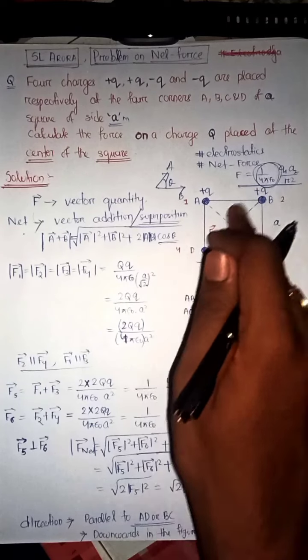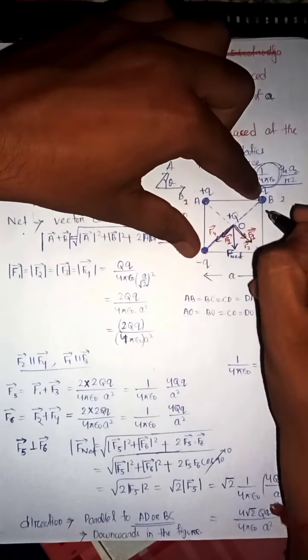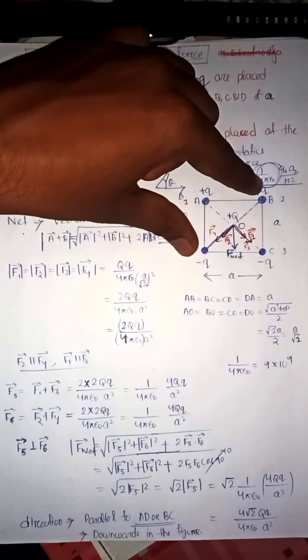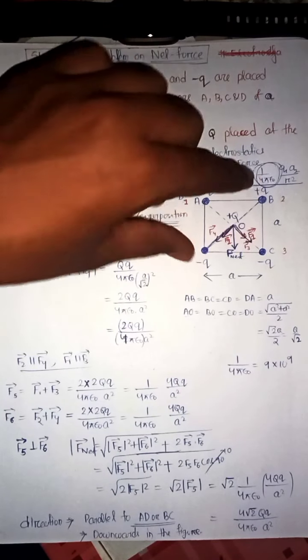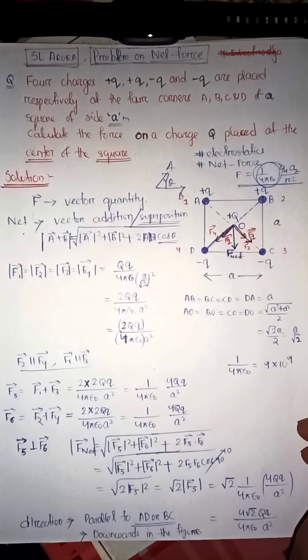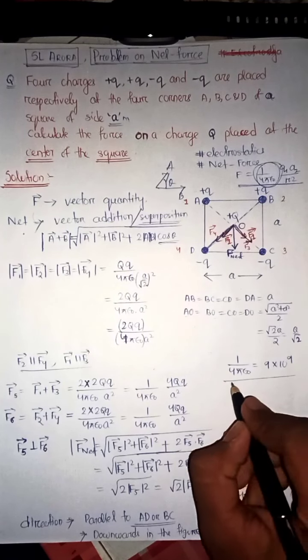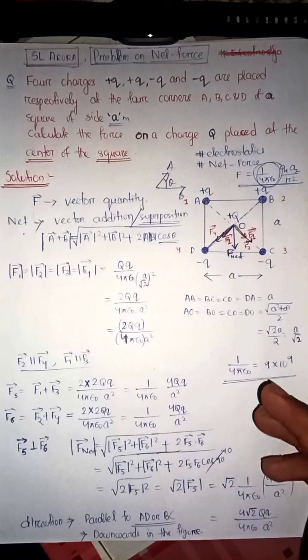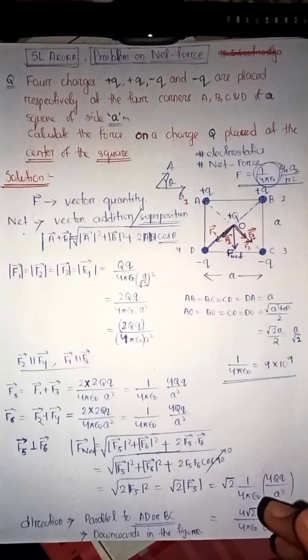So this hypotenuse will be root 2 a. If this is root 2 a, then half will be root 2 a by 2, which is equal to a by root 2. We know that 1 by 4 pi epsilon equals 9 into 10 to the power 9. We'll use that in problems where numericals are given, but here numericals are not given, so we'll find the general formula.